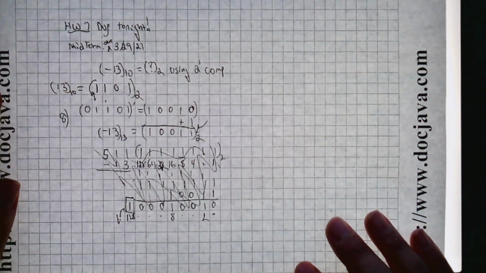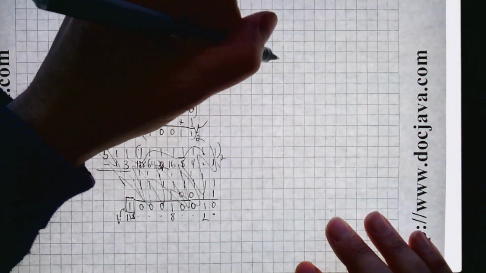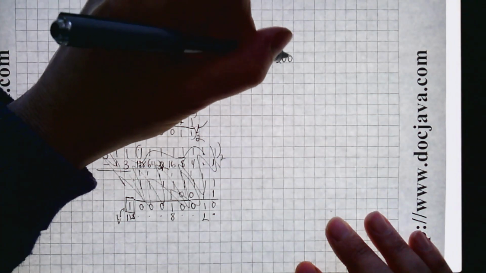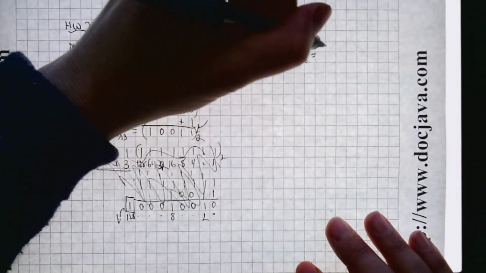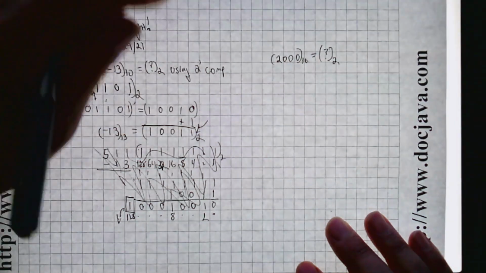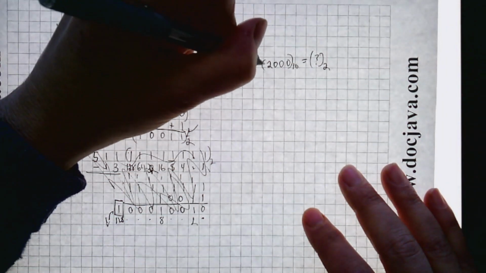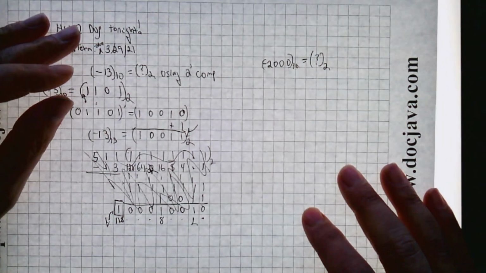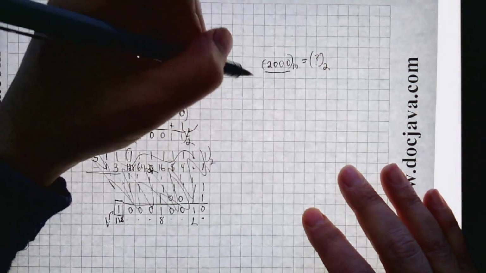What is the 12-bit representation of the 2's complement of the decimal number 2000? But they want a negative. So we have to convert from 2000 to binary.